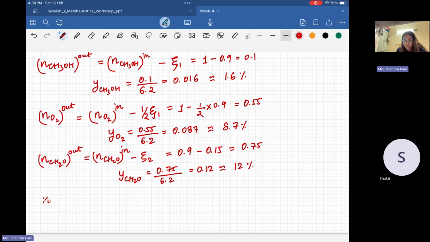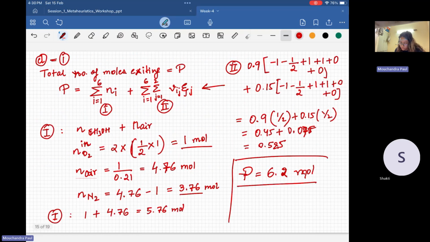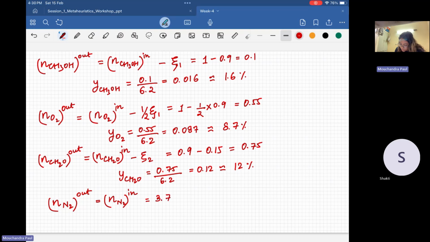Next, formaldehyde is done. We have to do nitrogen as well. Nitrogen is easy. However much nitrogen is going in is coming out. It is not participating in any reaction, so the Xi term will not be there. We already know this is 3.76 moles.